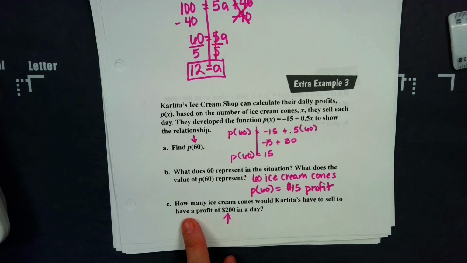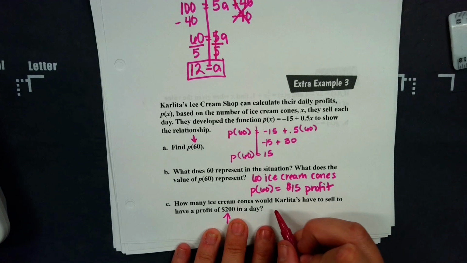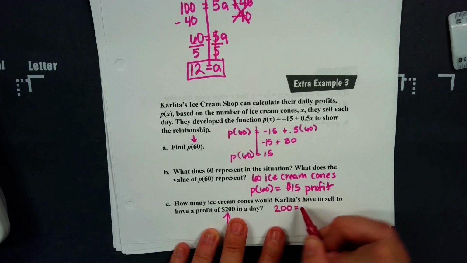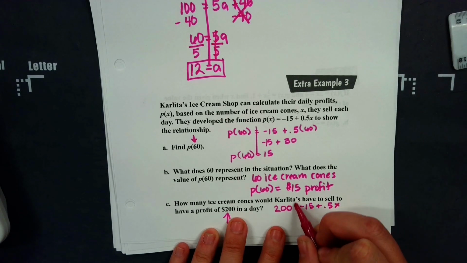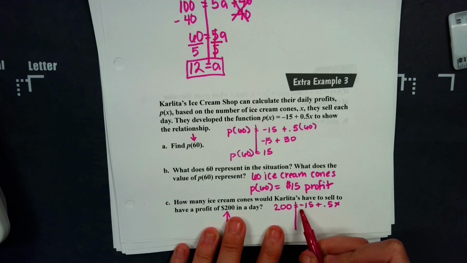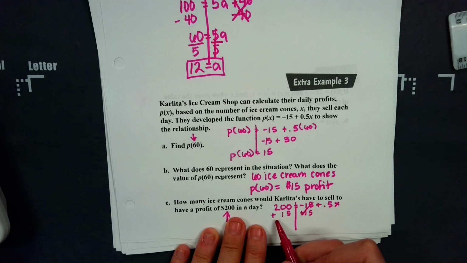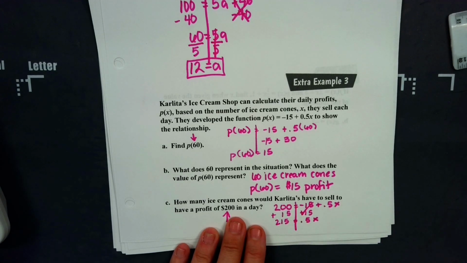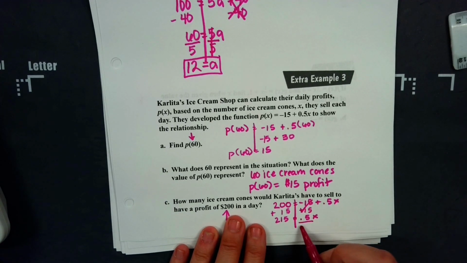All right, so they want a profit of $200. So I'm going to say, okay, I want $200. How many ice cream cones would I need to sell in order to make $200? So first thing I'm going to do is add my 15, right? And finally, what would I do now? Divide by 0.5.